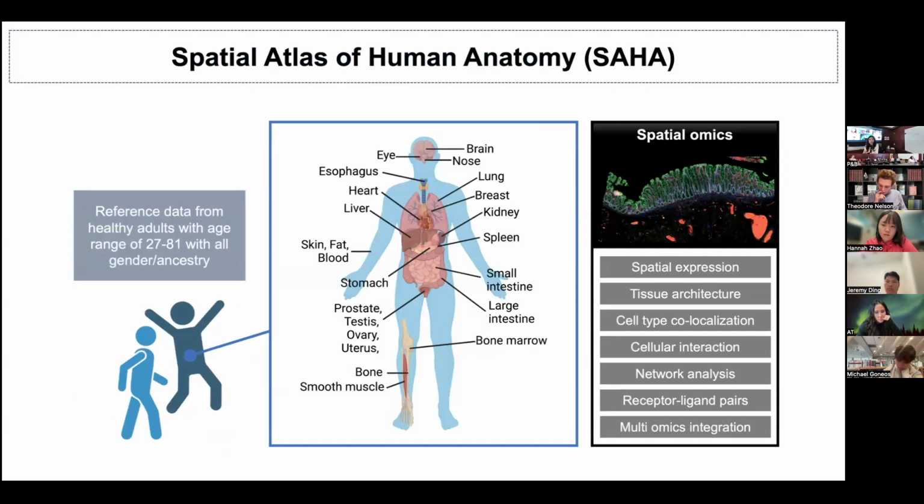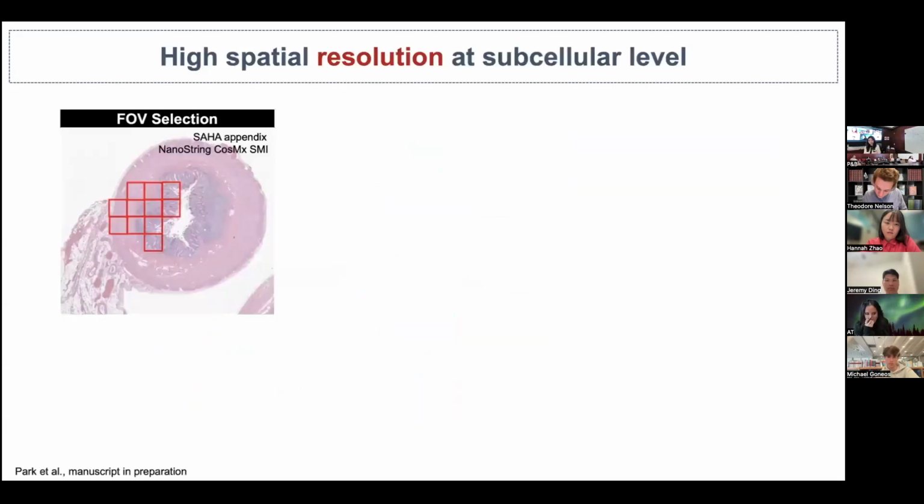That's why we've been doing the spatial atlas of human anatomy project, which is a very audacious effort to build reference data from healthy adults with a wide range of age, gender, and ancestry across 30 different organs, running spatial omics to understand the typical spatial omics analysis results that we can get from these samples. We're specifically using CosMx because that was the highest resolution with highest plex available at the time when we were pursuing this project.